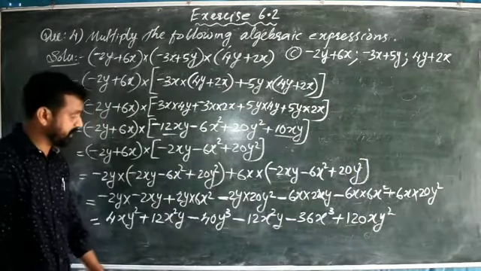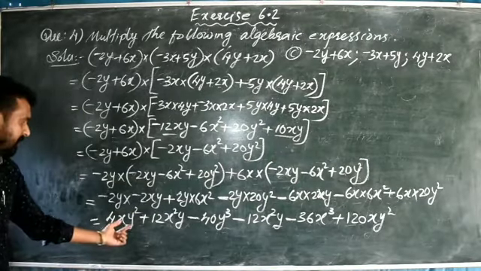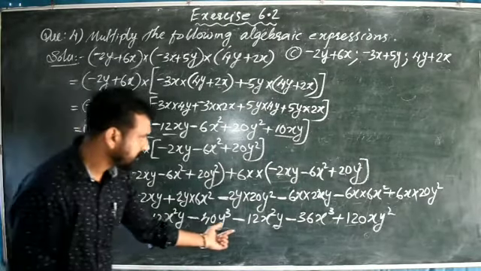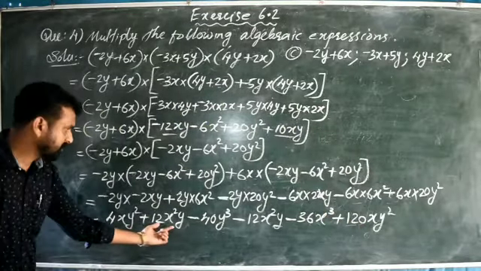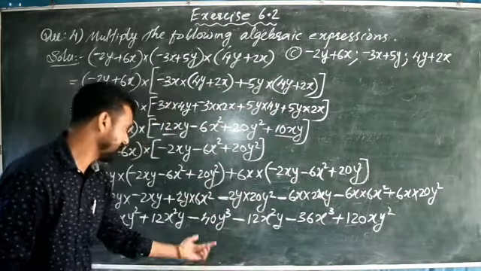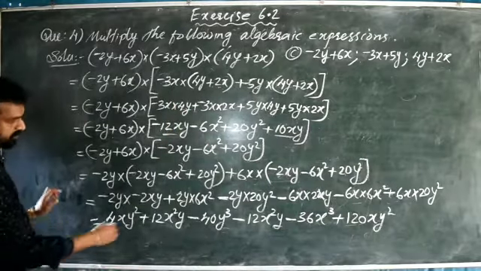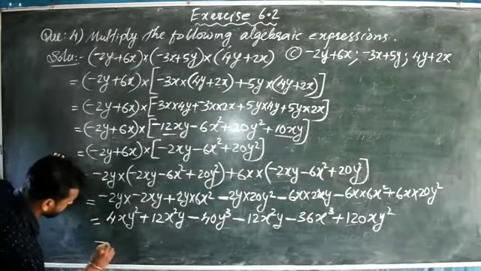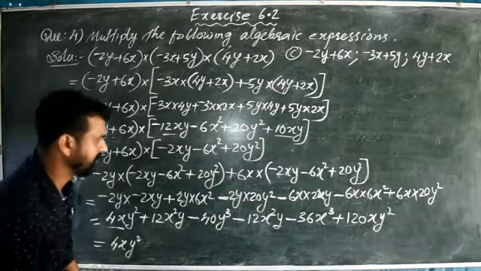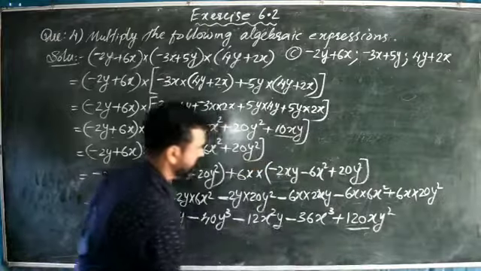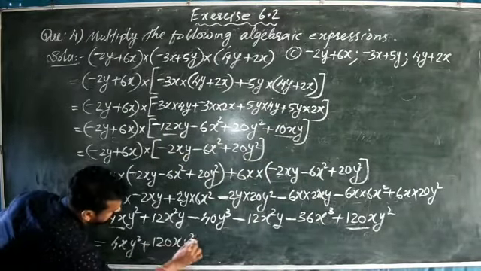Now we have to check whether there are any like terms or not. Then we have to add them. 120xy square is there, and after that x square y is there, and after that y cube and x cube only, that is not like terms. So we have to write the like terms together. First one is 4xy square plus 120xy square.